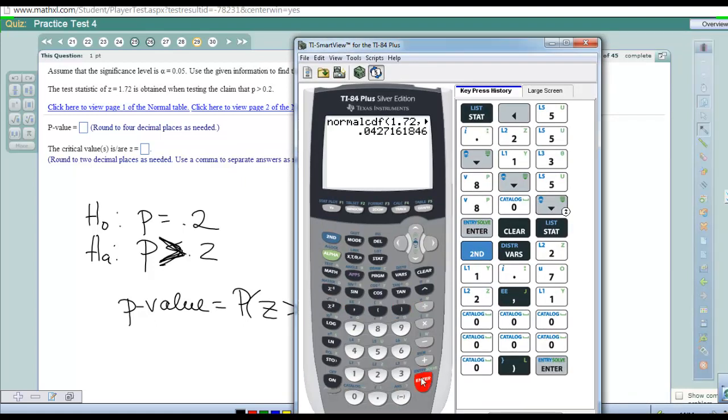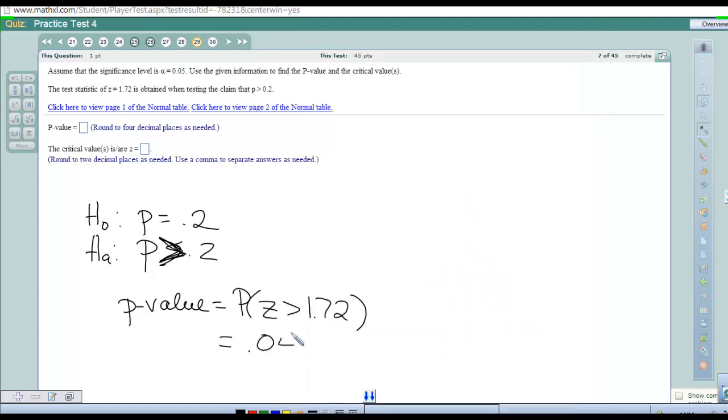And so we get 0.0427. Actually having to find it by hand won't be on the test. Okay? There are a couple of other examples where we'll look at how the calculator gives us the p-value.